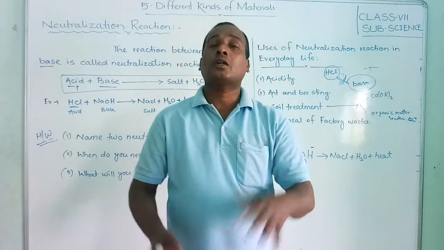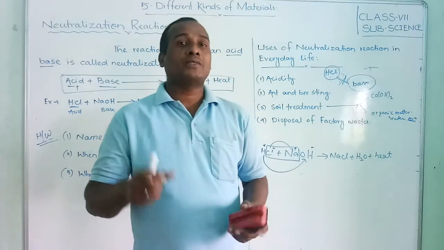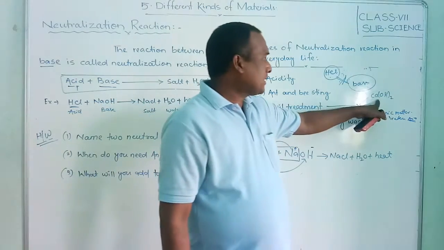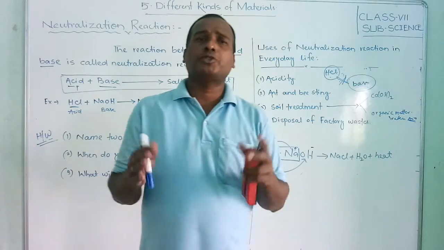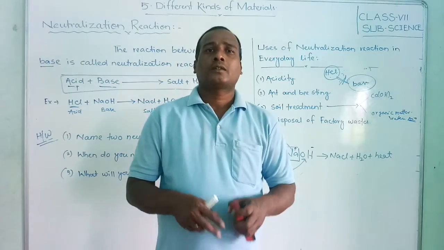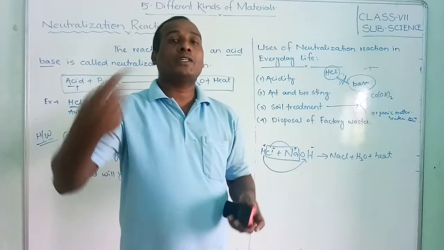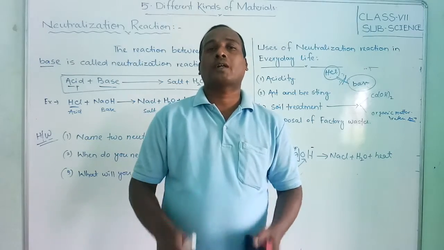If you find that your soil is more acidic in nature, then you can add lime. Slaked lime is there. You can add it, and that is calcium hydroxide. If you find that it is more basic, then you can add organic matter. If you add organic matter, it will secrete acid, then it will be controlled and it will become neutral.